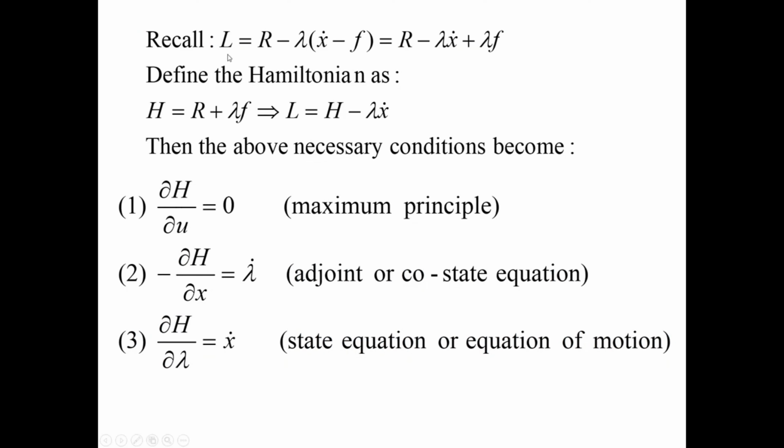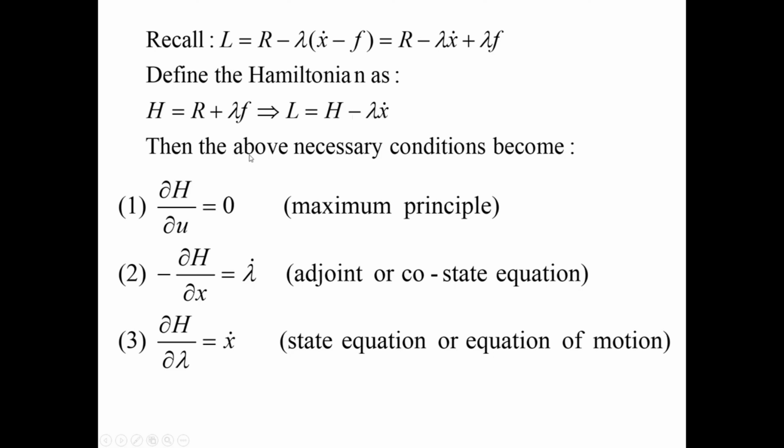Now recall that our Lagrangian was given by this function here, r minus lambda, and then in brackets x dot minus f, which we can rewrite as r minus lambda x dot plus lambda f, and we define the Hamiltonian as H is equal to r plus lambda f. And as a result, the Lagrangian is simply given by the Hamiltonian minus lambda x dot.